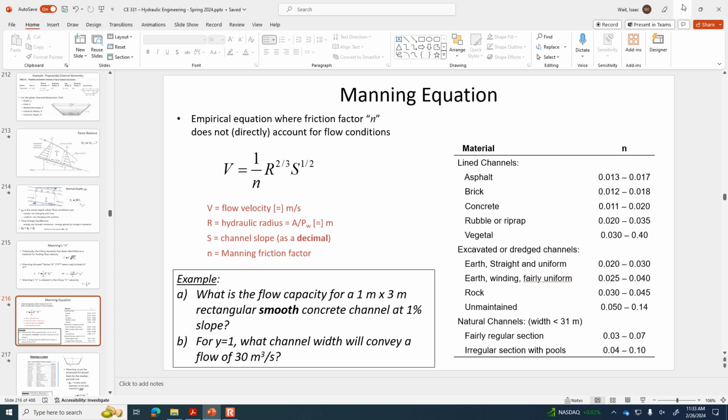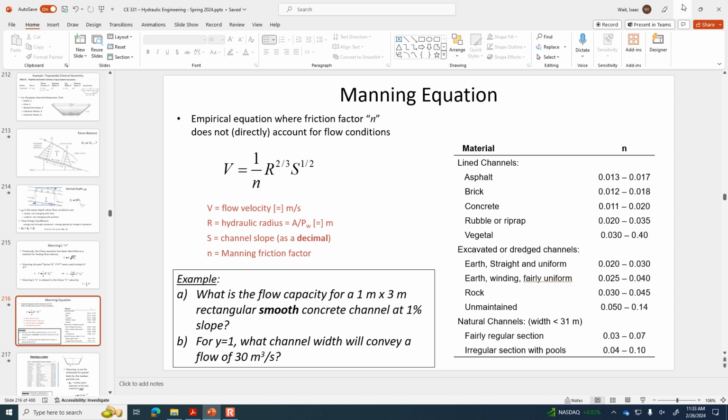Now, if it had been rough concrete, like that broom finish, kind of a rough, aggressive texture, that velocity could be half of what it is. You know, if we had here in the denominator 0.02 instead of 0.011, then that would cut the velocity down to 3 something. So the n value really has a huge impact on the velocity that you're going to find.